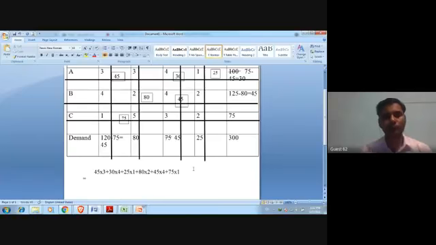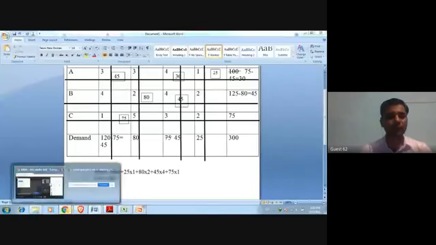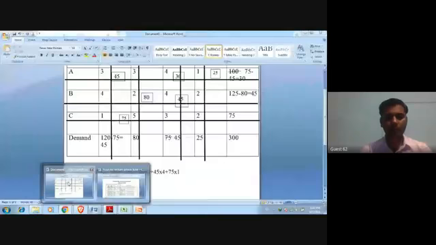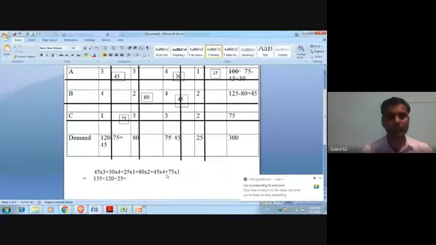Okay, so it equals 45 into 3, 135, plus 30 into 4, 120, plus 25 into 1, that is 25, plus 80 into 2, 160, plus 45 into 4, how much? 180.